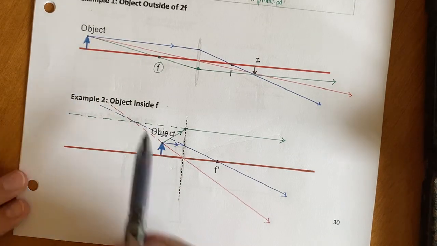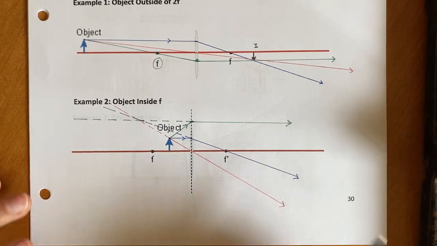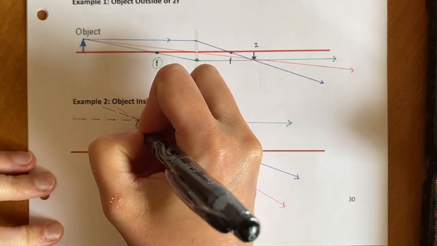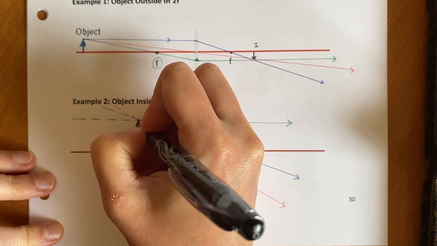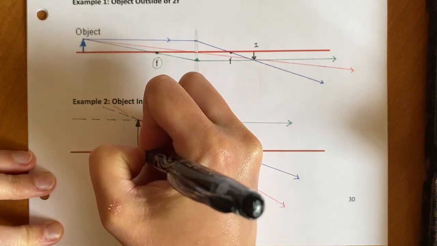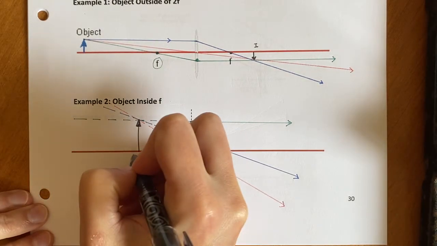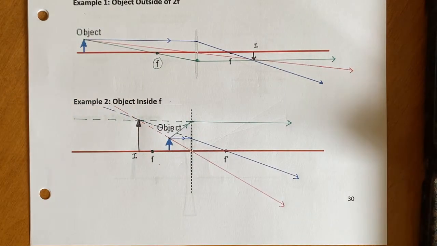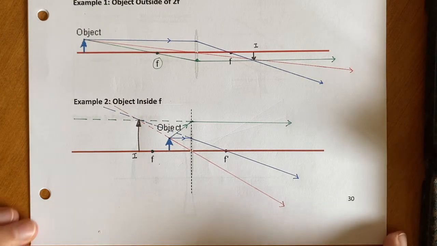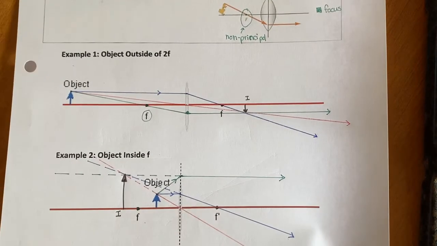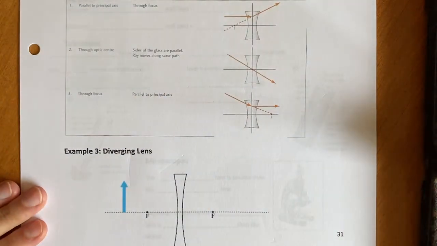So now you see the place where they meet is going to be on the front side, and it's going to produce an image here that looks like this. I'll label that as being my image. Again, we're going to do image characteristics of this, but we'll come back and we'll do image characteristics of both at the end. Moving on to diverging lenses.